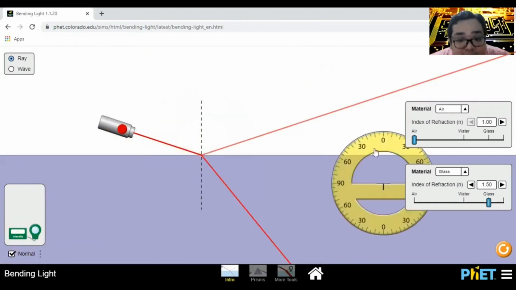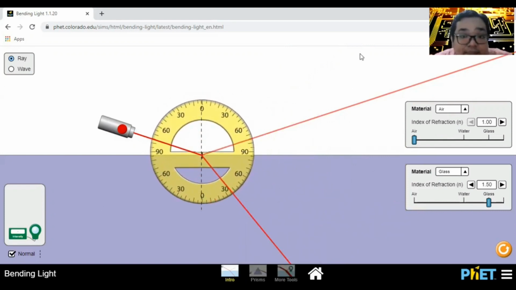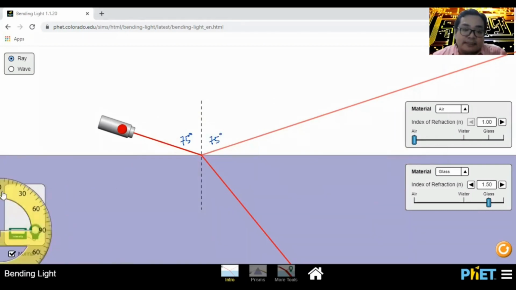What can you see here, students? What is the angle? Are they still the same? The same or not? 60, 70, 75, right? 75 degrees. Wow. It's still the same.